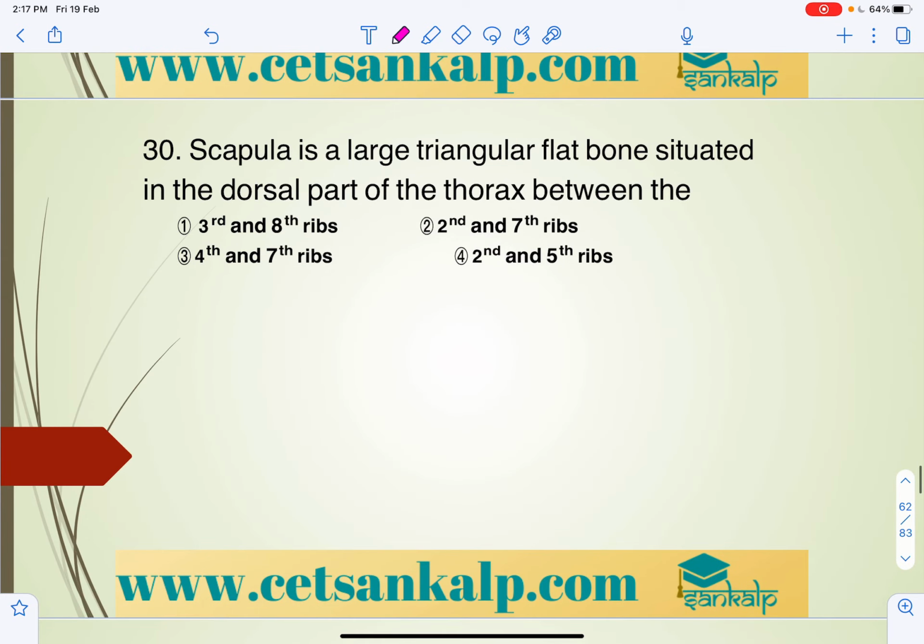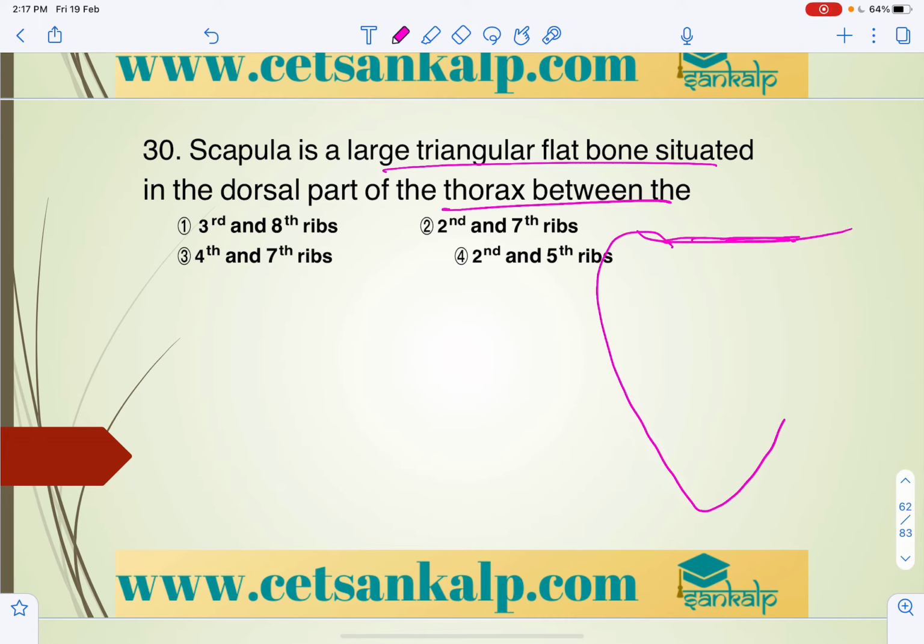Next question, scapula is a large triangular flat bone situated in the dorsal part of the thorax between. So, from a rough diagram, it extends from the second thoracic vertebra up to the seventh thoracic vertebra, between the second and seventh ribs.